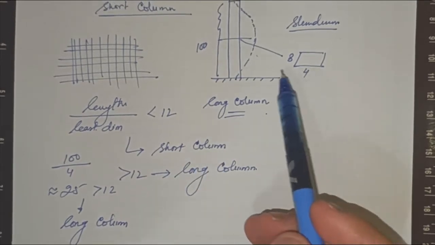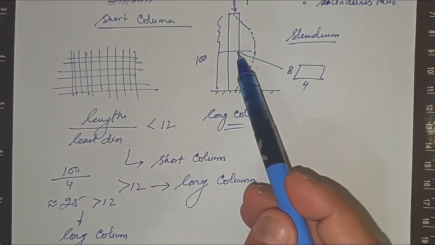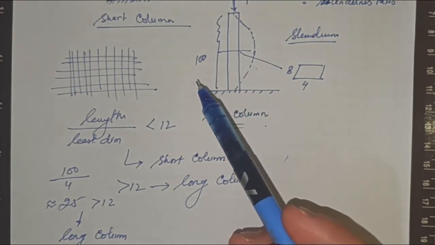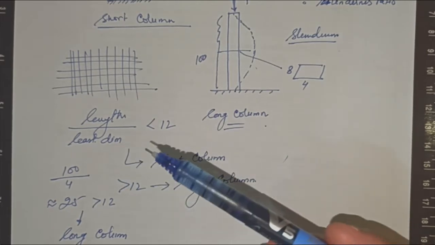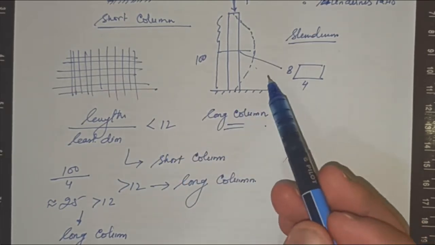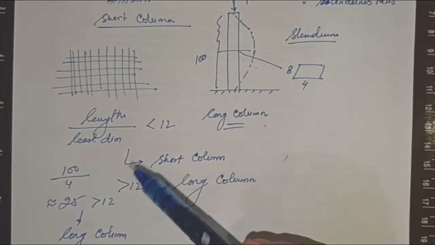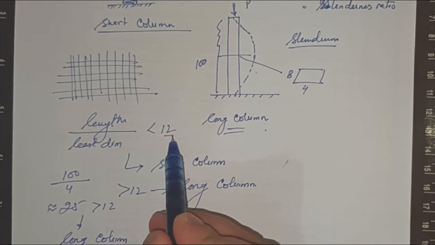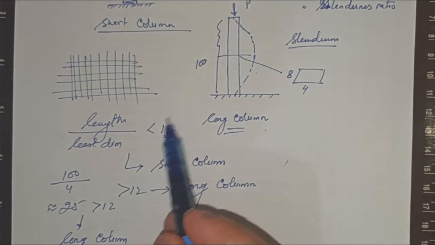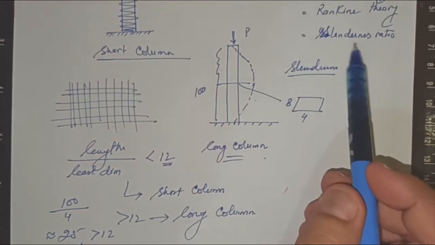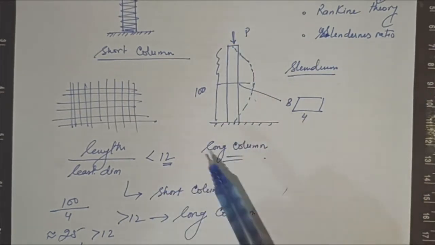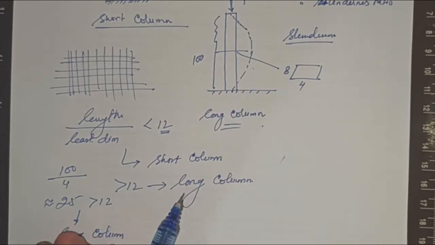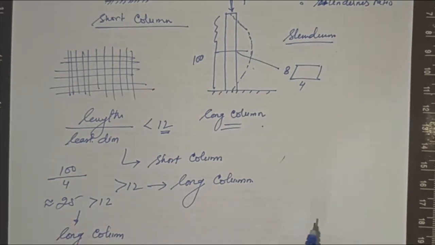That depends basically upon the cross section of the member. If the cross section is circular, take the diameter, which is the least dimension. For different types of cross section, take the least dimension and divide by it. Now another question that comes to your mind is, why this 12? 12 is the slenderness ratio, the magnitude through which we demarcate between a long column and a short column.